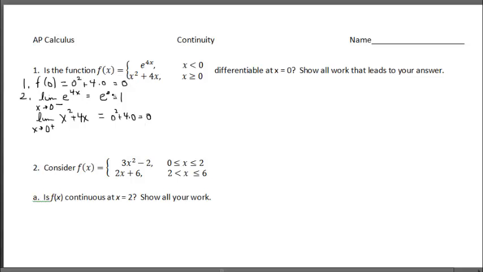Well, we can see that the left limit does not equal the right limit. 1 does not equal 0. So it's not even continuous. It looks like there's going to be a jump discontinuity there. All right, so from both of these, we can say, therefore, the limit as x approaches 0 of the function does not exist.